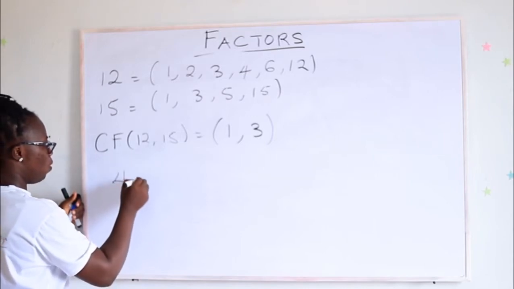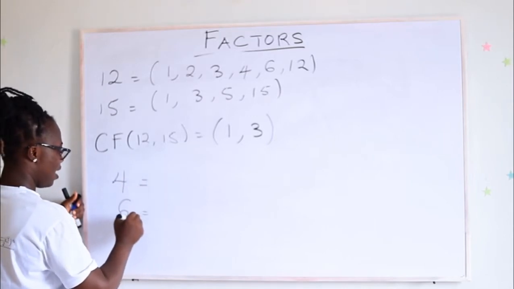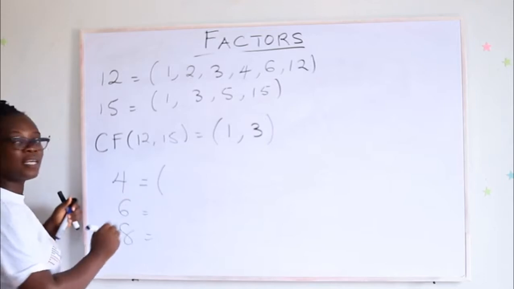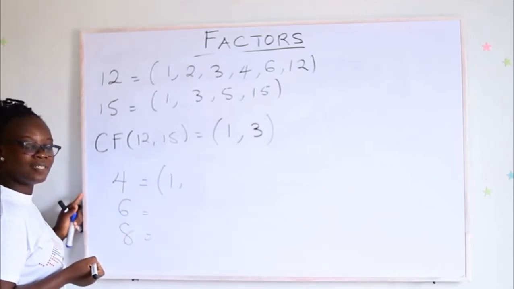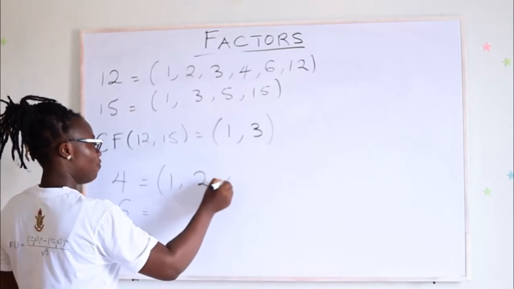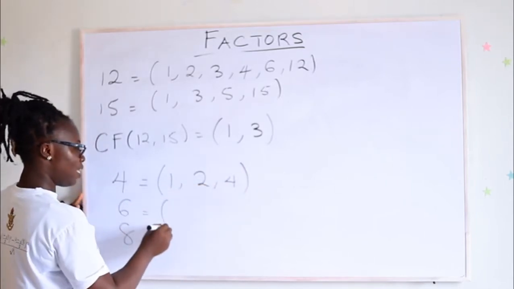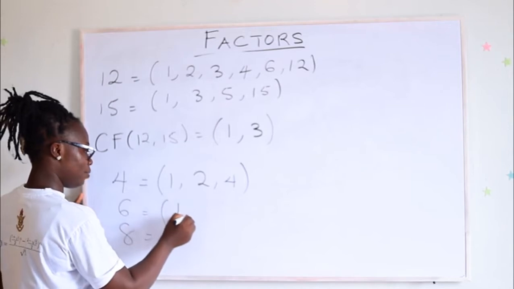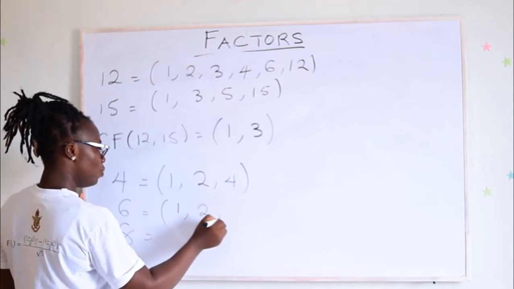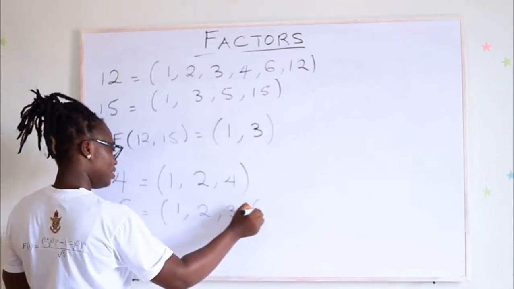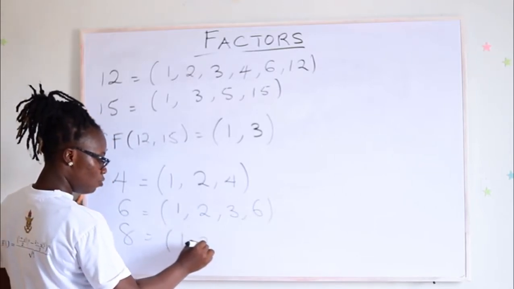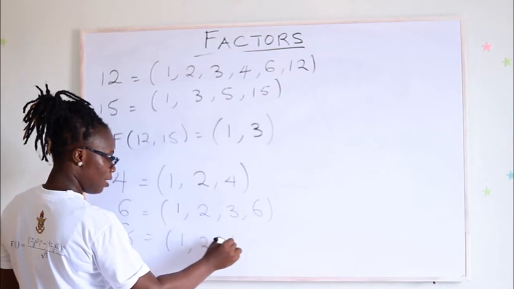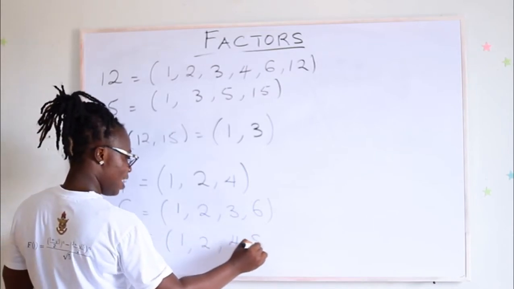Now let's take 4, 6, and 8. Let's write the factors of 4. 1 will always be a factor, then 2, then 4 itself. What are the factors of 6? You have 1, 2, 3, and 6. What are the factors of 8? You have 1, 2, 4 and 8.